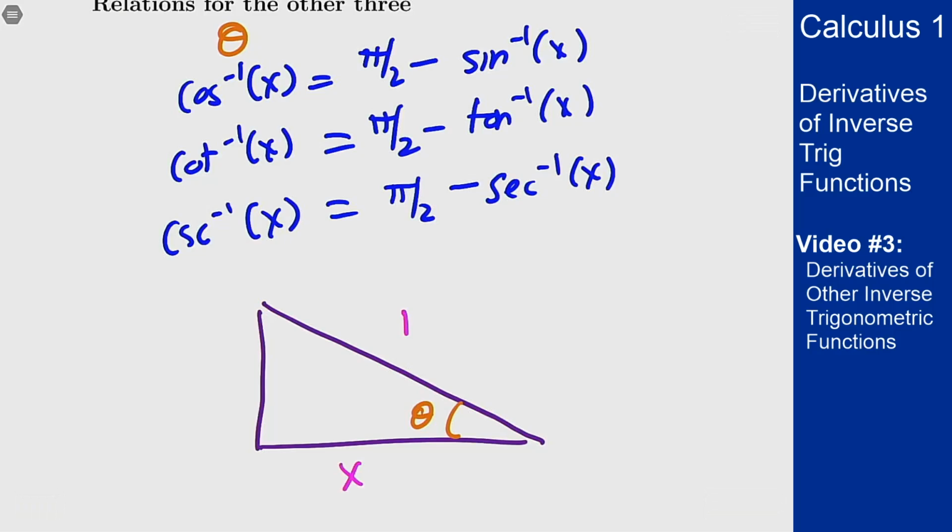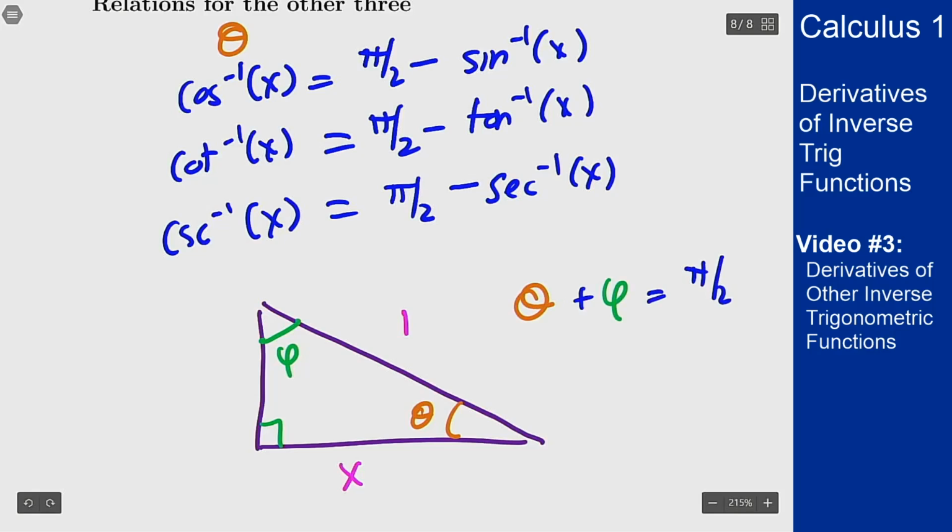But what does that mean? Well, if I take this other angle over here, then sine of phi also equals x. And based on right triangles, we know that theta plus phi equals pi over 2. And so that's where all these formulas come from, by realizing that if I take the other angle, its cotangent is the same as the first one's tangent, and back and forth to give me those identities.